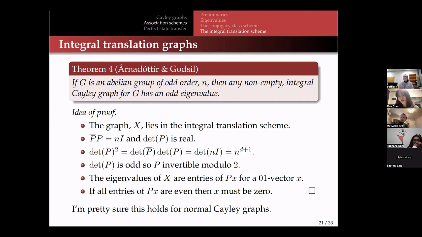So I think to prove that, we also use this theorem here. And even just proving that it holds for normal Cayley graphs with the cyclic Sylow-2 subgroup, that would be nice. Okay, thank you.